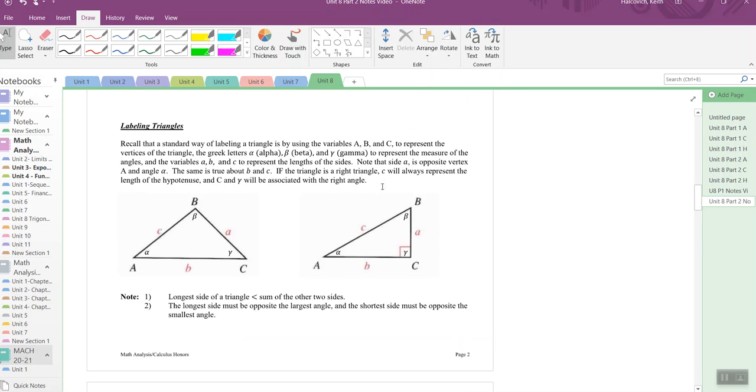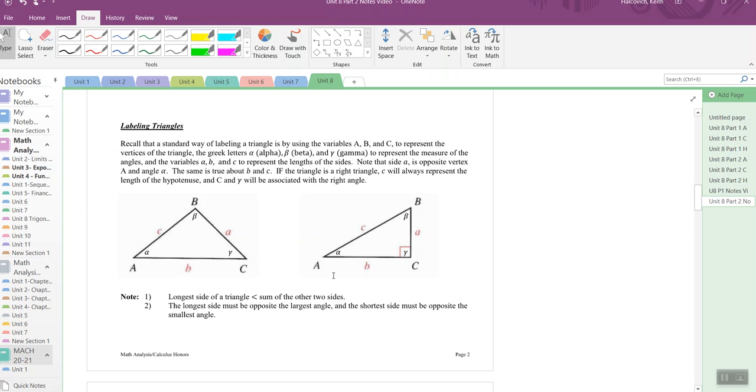So labeling triangles, we're always going to label the vertices A, B, and C. In a right triangle, C will always be the right angle, and then opposite each vertex will be the side.